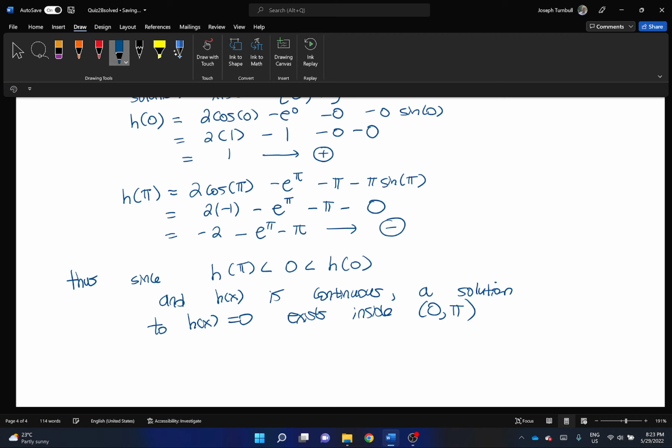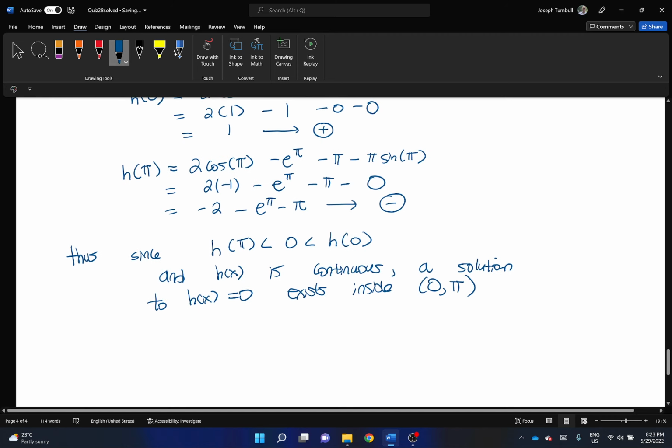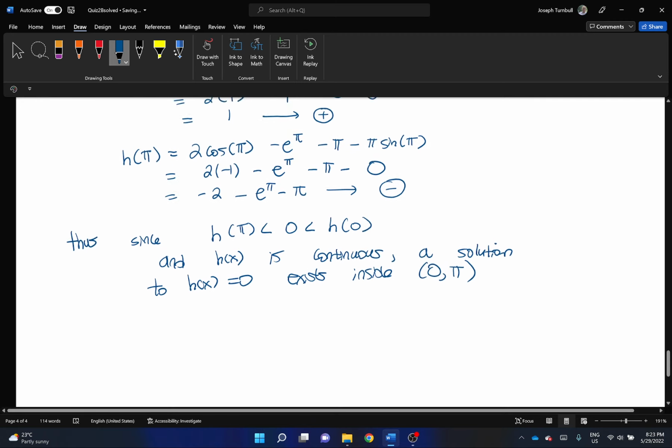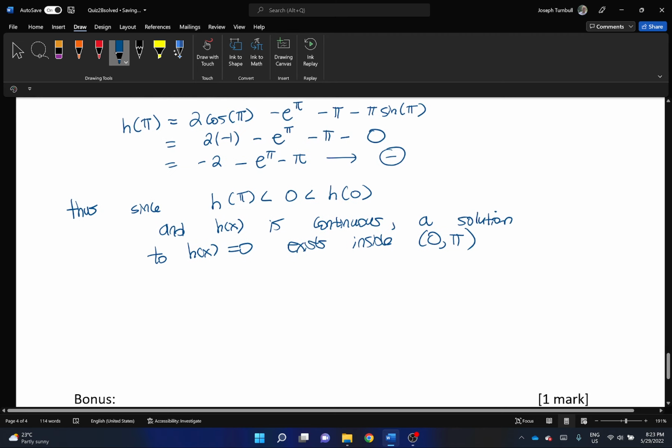It's okay to put round brackets rather than square brackets, because we just showed that neither of those is the solution. H of 0 was not 0 and h of pi was not 0, so I can put the boundary a little bit better.